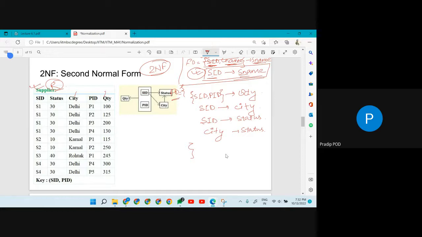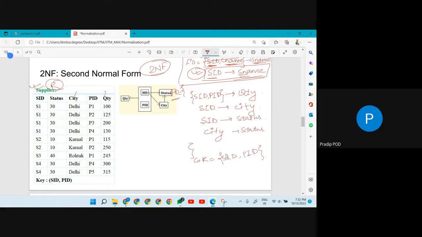Now you have to find the candidate key. If you look at all the right hand sides, quantity, city, and status are covered, right? 3 out of 5 are covered. So whatever is left, which is SID and PID, they will be the candidate key. Yes, exactly, so SID and PID are the candidate key, right?